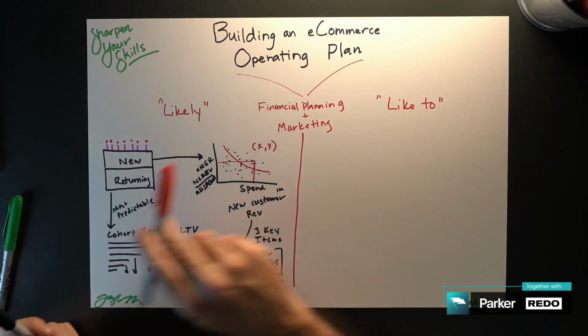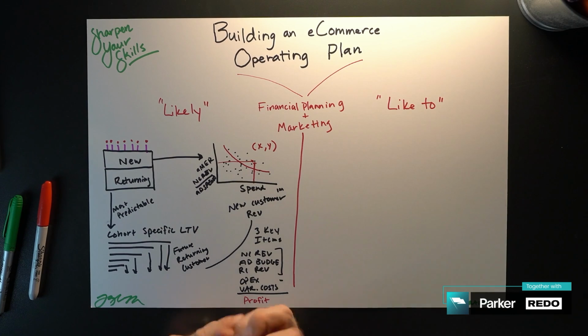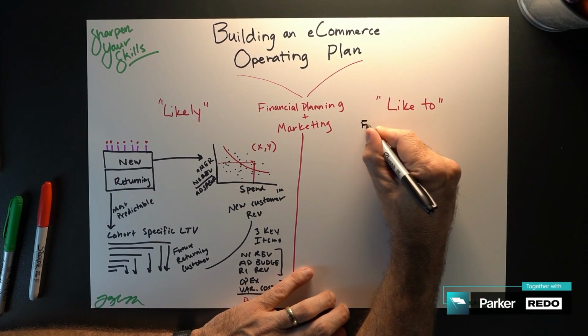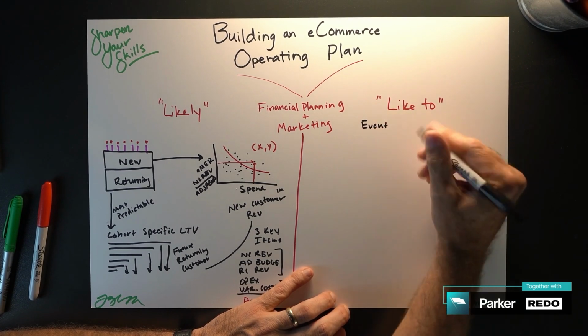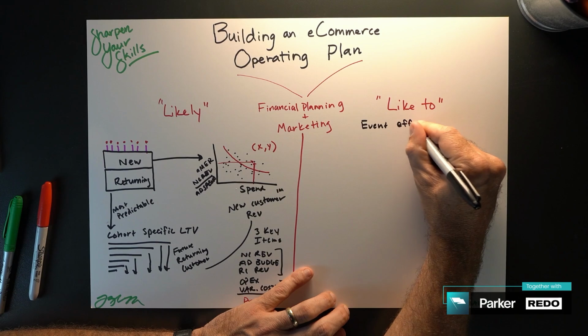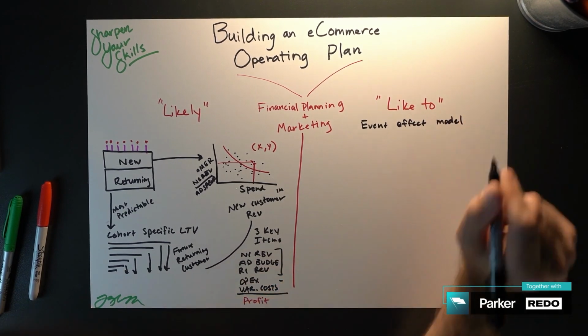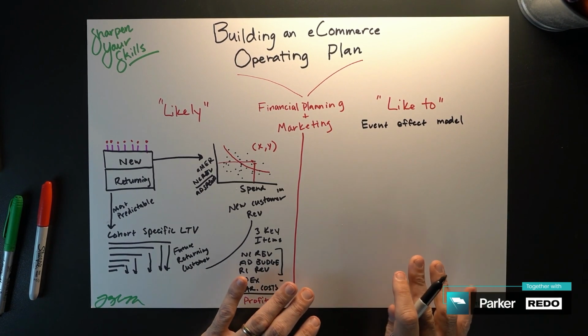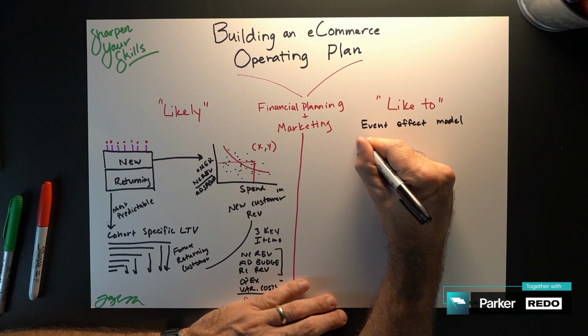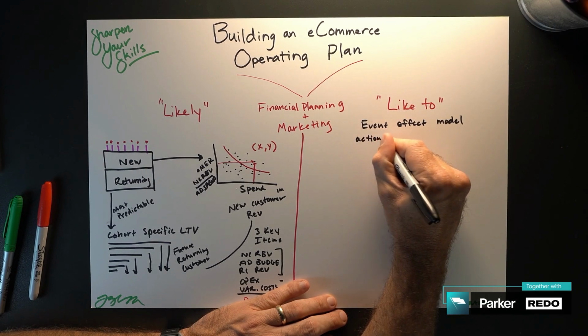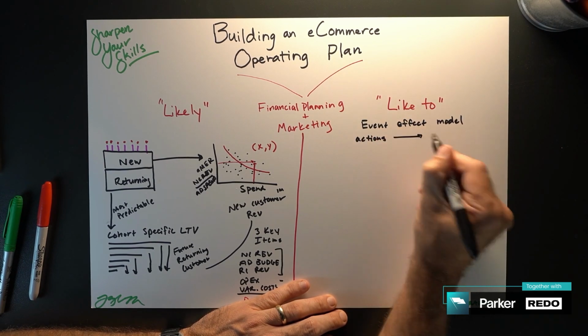And this is where we have to think about building a marketing, what I call an event effect model, to begin to root the organization in a very important idea. And that idea is that actions lead to revenue.